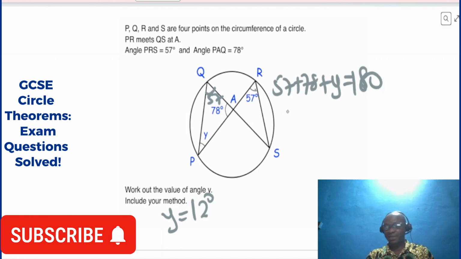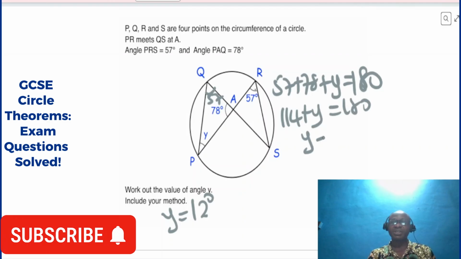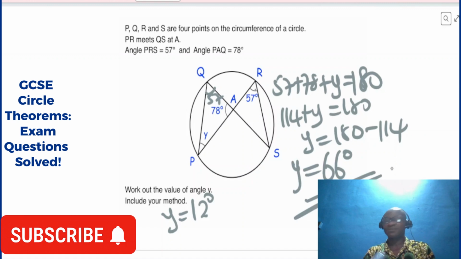You add the two of them together: 78 plus 57 will give me 135. Sorry, 114 plus y is equal to 180. So y is 180 subtract 114, and that is going to give us 66. So the right answer is 66 degrees.